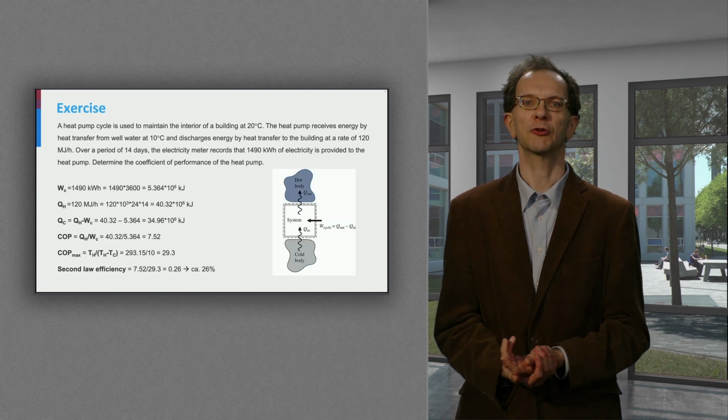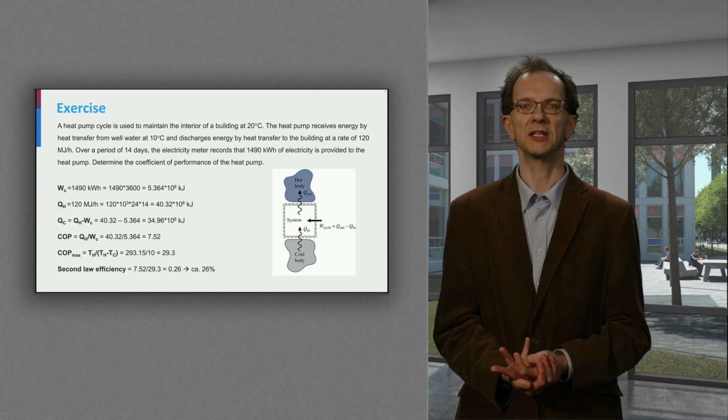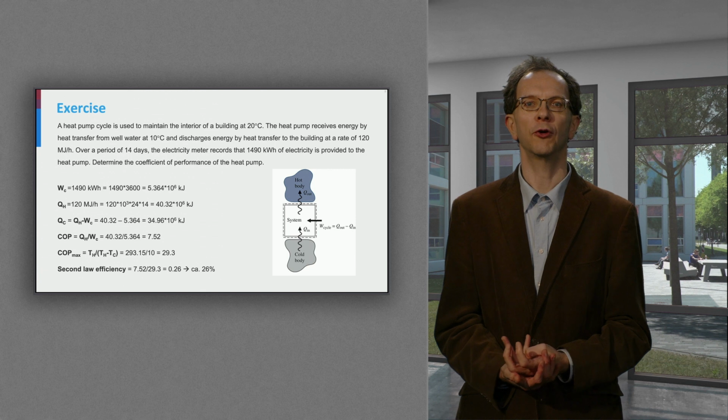The first step is to calculate the mechanical work. The work of the compressor is 1490 kilowatt hour, and this corresponds to 5.364 times 10 to the power 6 kilojoule.